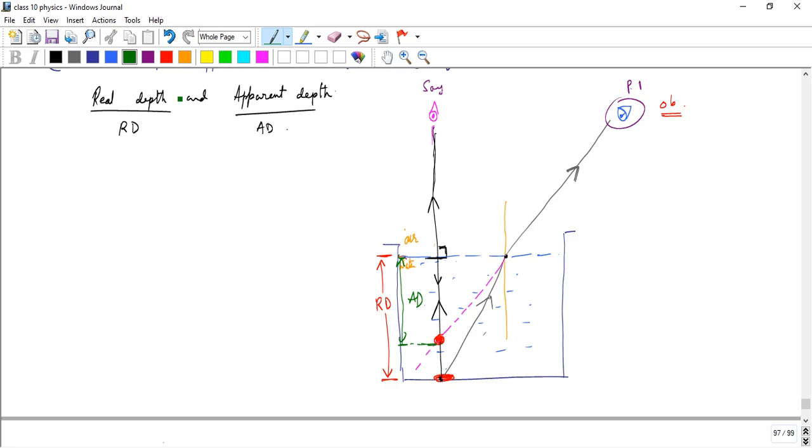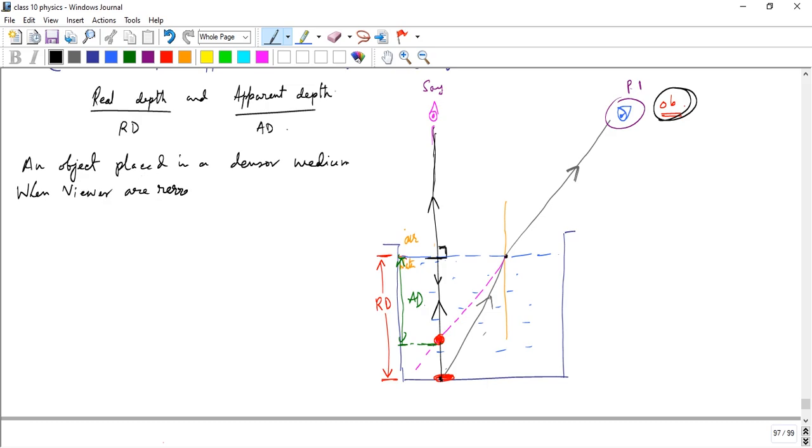Some important considerations here: the object is always placed in the denser medium, and the viewer or observer is in the rarer medium.